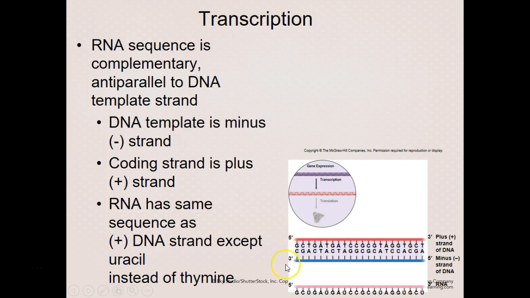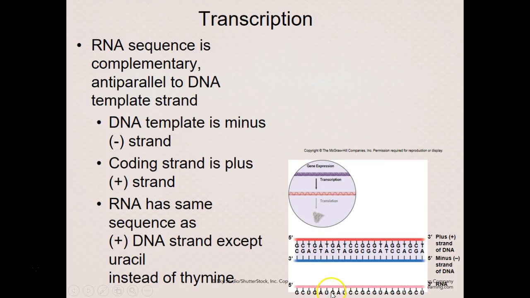And so if you look here, you see here's the plus strand, here's the minus strand, and here's the messenger RNA. Everywhere you see a G here, you see a G there. C, C, T, U, because we don't have thymines.